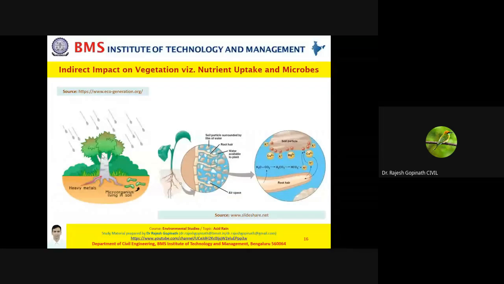Now not only that, there are essential microorganisms and living beings such as earthworms which are required if you want fertility to be intact. Acid rain has a potential to destroy that as well. So finally, nutrient uptake and the microbial interaction, when that is disturbed, then again your vegetation is going to suffer.